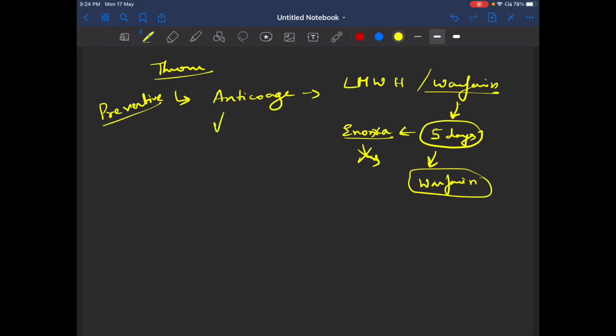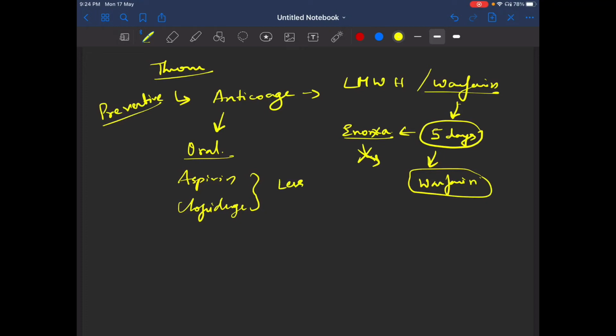And other oral drugs like aspirin and clopidogrel help only a few; the effect is less.